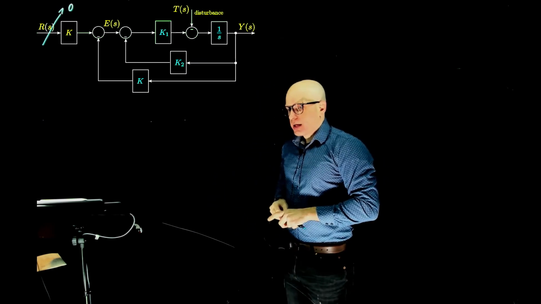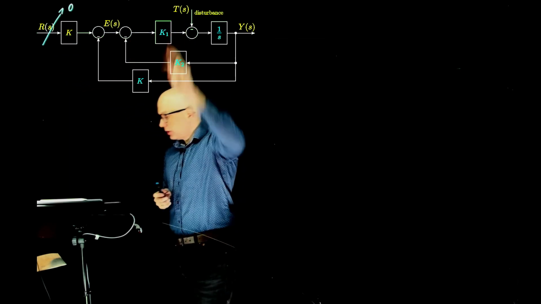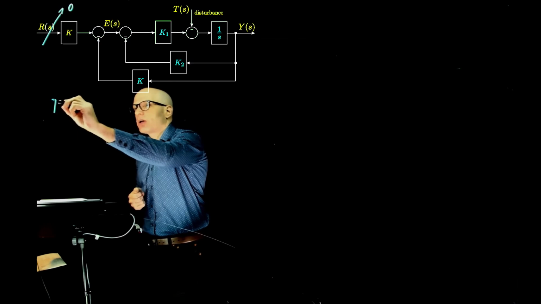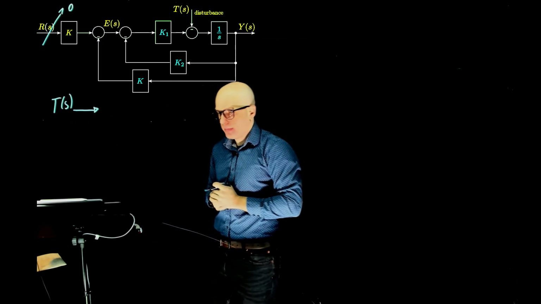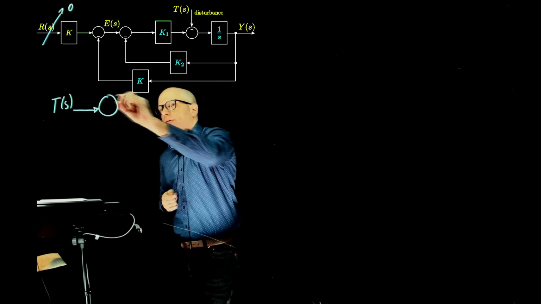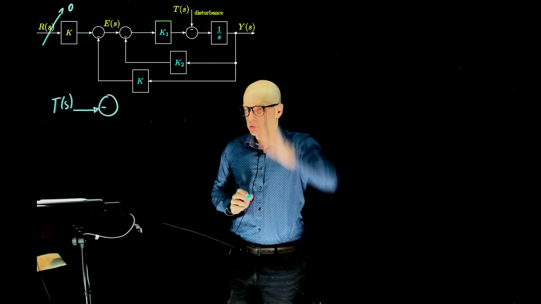So let's do that. When that input goes to 0, the new input is T of S. So let's now rearrange this block diagram to have T of S as the main input to the system. T of S here goes down to this sum with a negative sign.